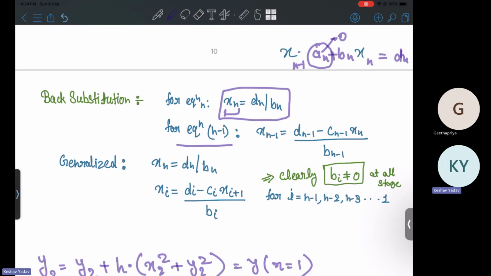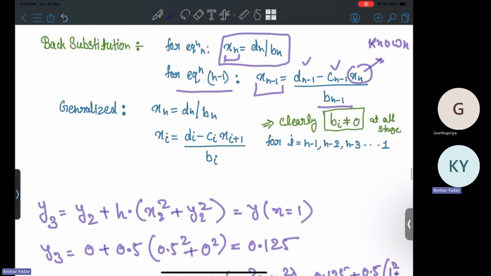For the n minus 1th equation, we will get xn minus 1 equal to dn minus 1 minus cn minus 1 multiplied by xn, where xn is already known, divided by bn minus 1.